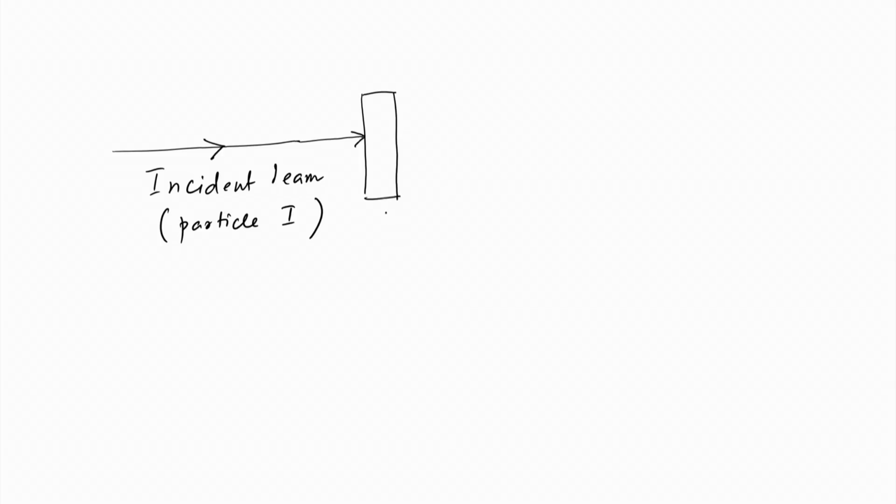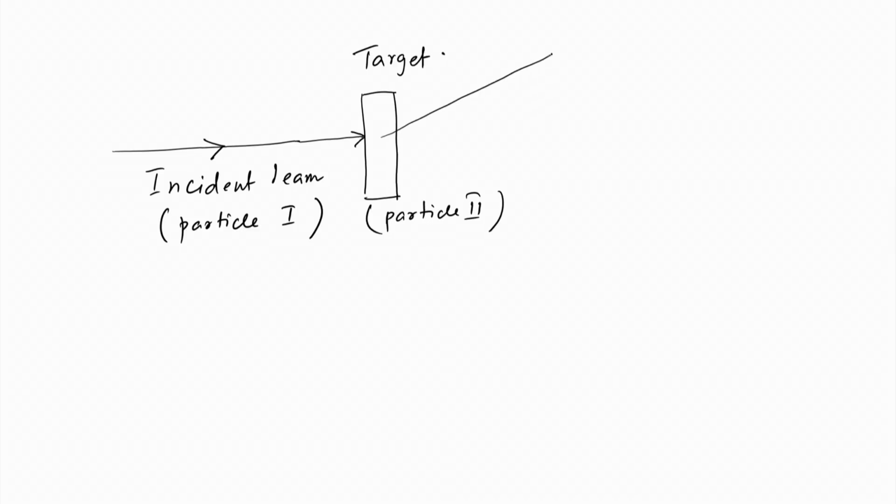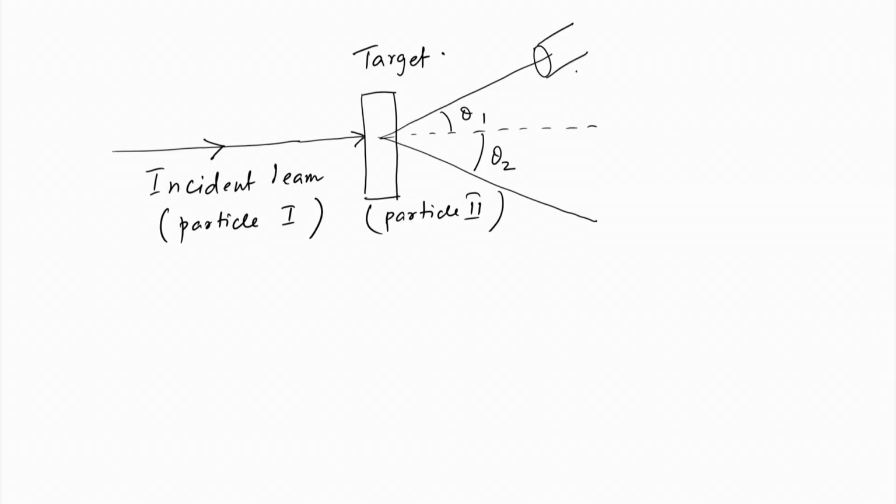This target is actually the particle 2, and it gets scattered at various angles. This is the incident direction, and it can get scattered at theta 1 and theta 2 and so on, and these are the positions of the detector.